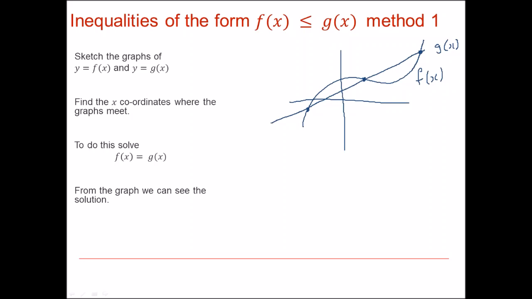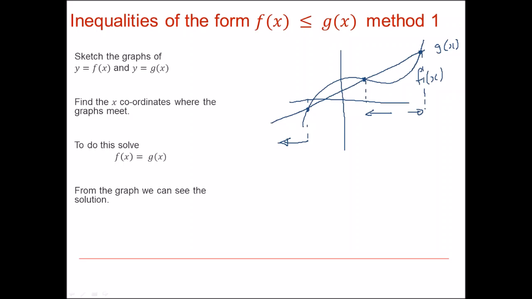So it would be from this value of x downwards, so less than that value of x, and then between these two values of x. So that's our general graphical method: sketch the two graphs, look where they intersect, and then from the sketch write down the solution to the inequality.